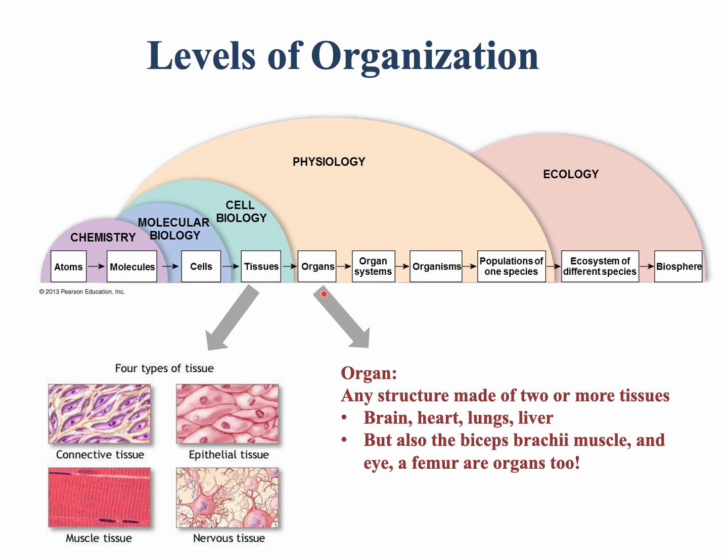Okay? So those are organs. Those come together to form organ systems. Organ systems come together to form organisms. Organisms come together to form the populations of a species. Populations of species come together to form ecosystems of different species, and that forms the biosphere.